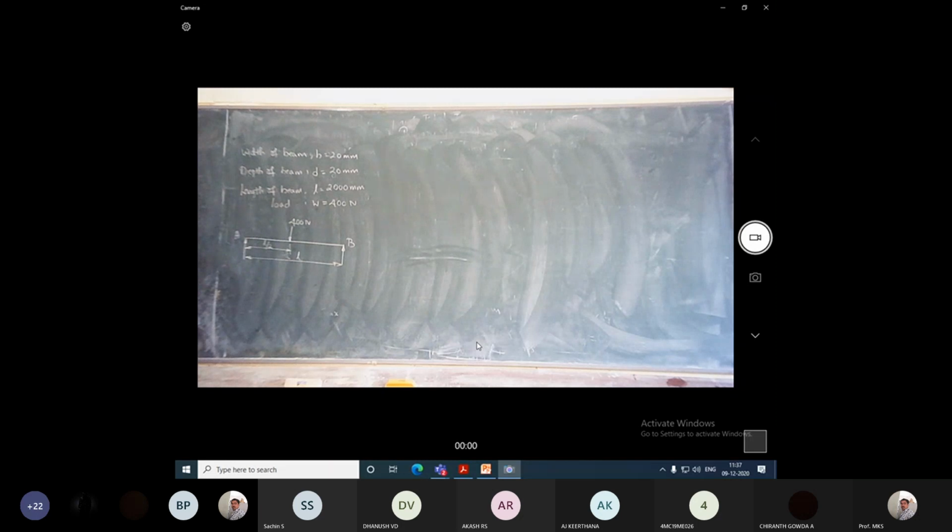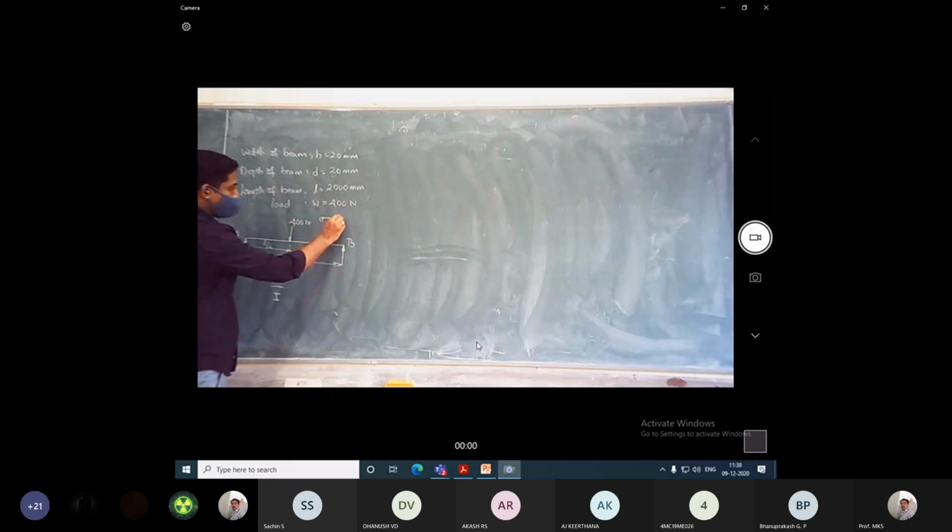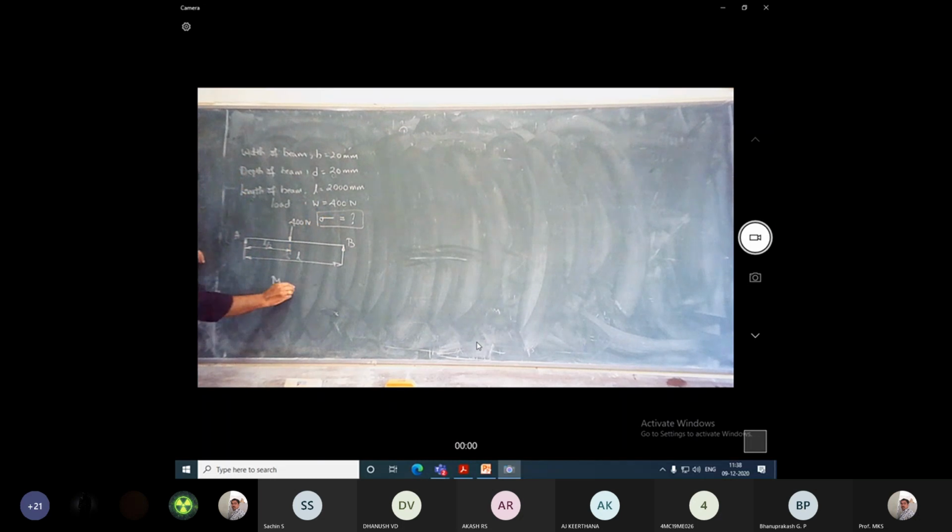The same thing. So what is that equation we had? M by I. Here I need to find the maximum stress acting on the beam due to this load. We'll find the stress sigma that is acting on the beam due to the applied load. We have the equation M by I is equal to what? Sigma by Y, right?